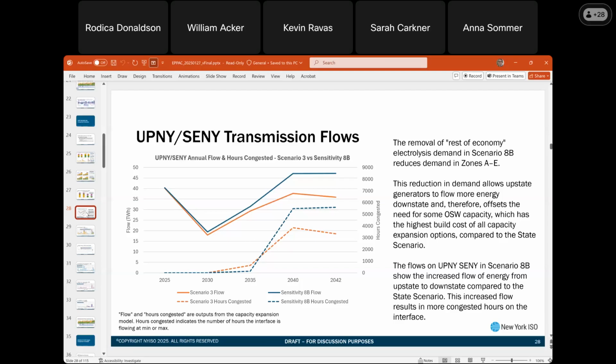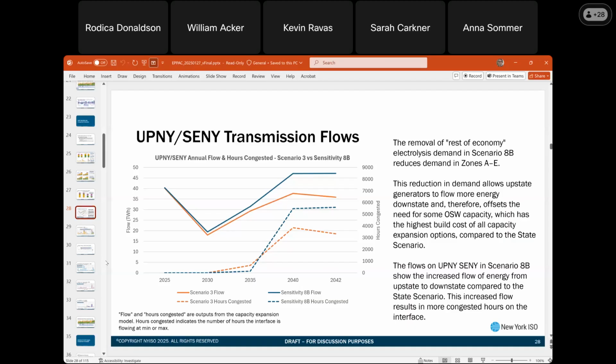Or do you have the same amount of renewable generation, but you just split the demand between demand that is not from the rest of the economy and demand from the rest of the economy? So you have the same amount of renewable energy essentially forcing the model to meet the targets, and this is why maybe you have that extra generation going downstate.